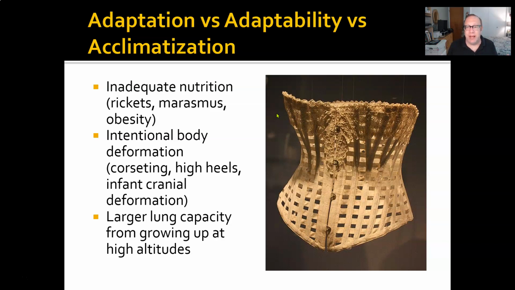Excessive weight gain as a child can have impacts on the health of your vascular system later on. Intentional body deformation, so corseting, extreme corseting, the kind of corseting women normally did in Victorian times.